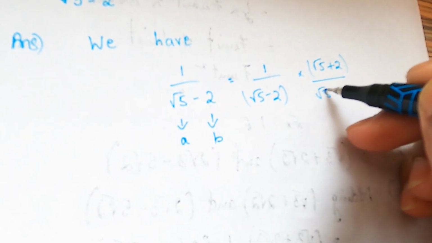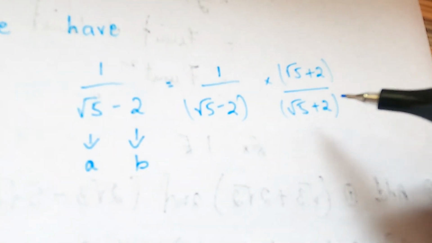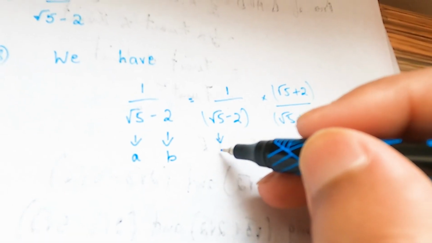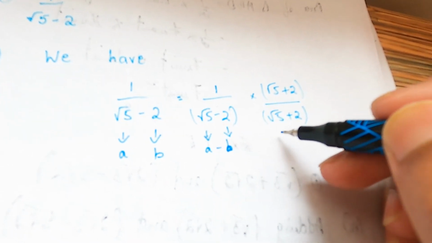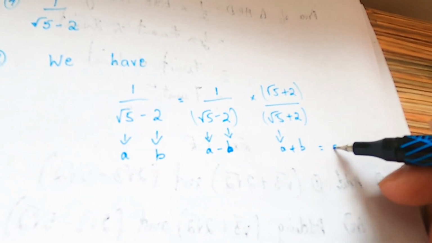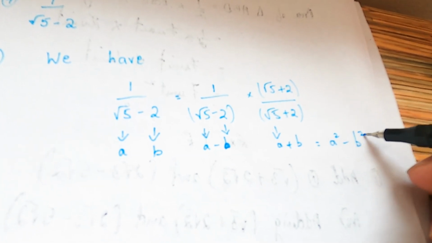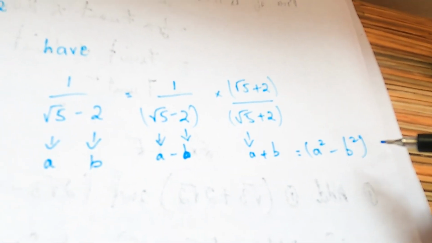Why are we doing this? Because this is A and this is B, so this is in the form of A square minus B square.